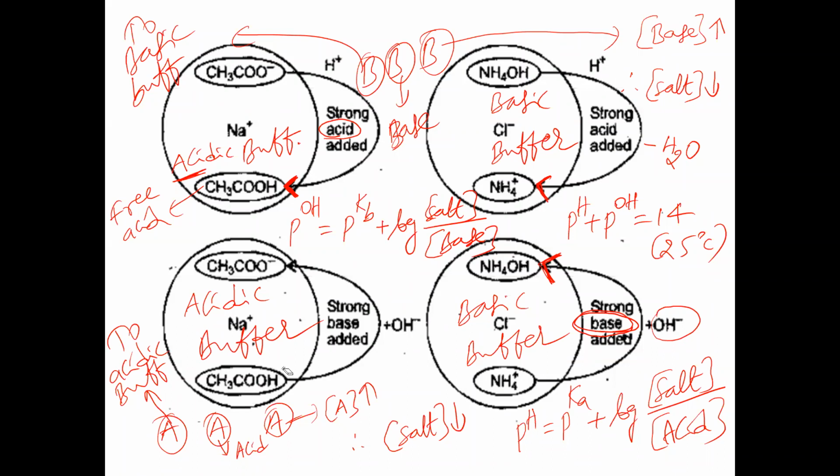The CH3COOH produces H plus, which combines with OH minus. These two combine to form water. Minus H2O indicates removal of H2O here. Then CH3COO minus is left over, so CH3COO minus is formed.